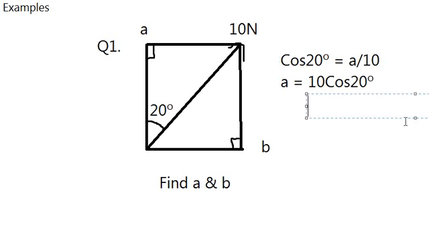A general equation will be the resultant force labelled F, then sine or cosine of theta. If you want to know how to type theta in a Word document, it would be 03B8 and Alt+X. So that is the theta sign.